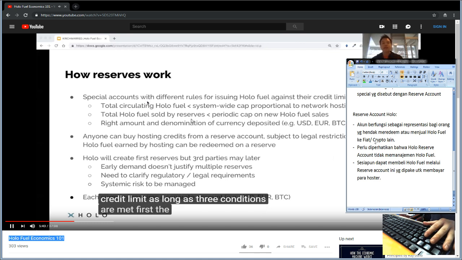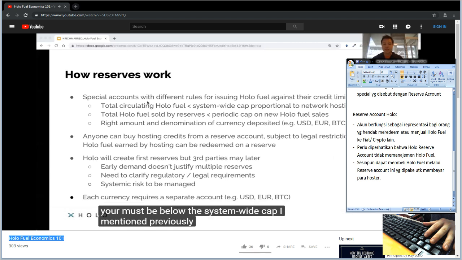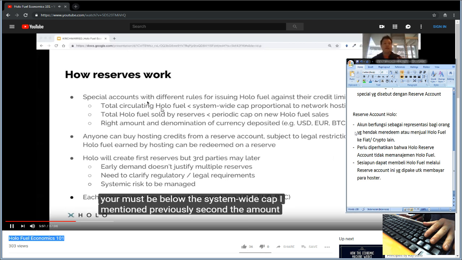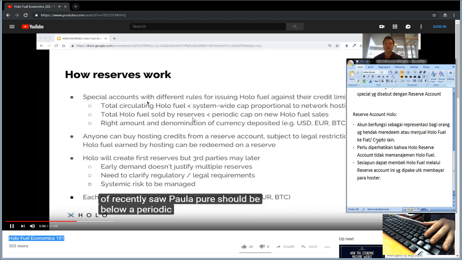First, the total amount of Holo Fuel must be below the system-wide cap I mentioned previously. Second, the amount of recently sold Holo Fuel should be below a periodic cap. Essentially, we're rate limiting the creation of fuel. And third, they have to receive an accepted reserve.